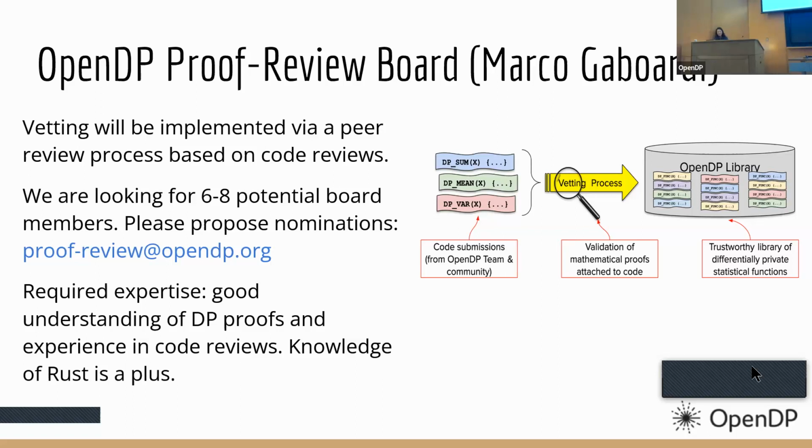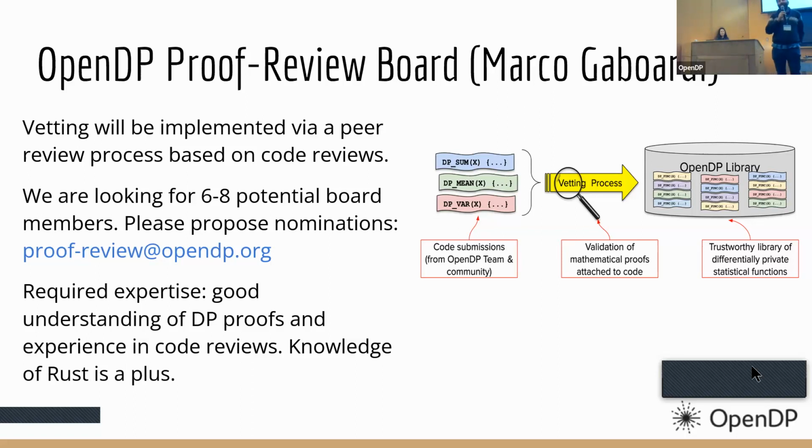So just to follow up to what both Salil and Andy said, we are trying to make the formal vetting process of the components of the library more formal. And so we are building a proof review board, of people that will help us make this process more formal.